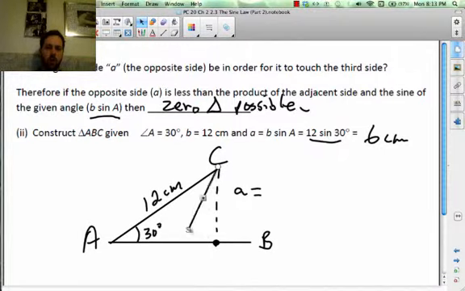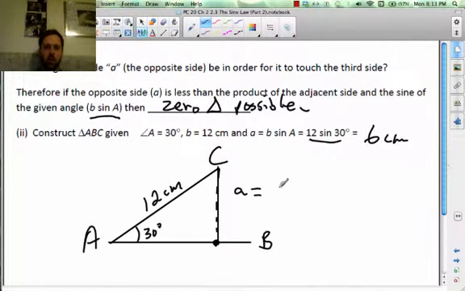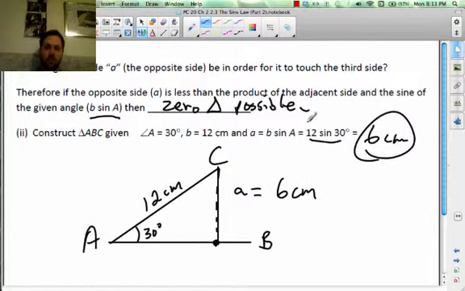But if we swung it out this way, it would be short. And if we swung it out this way, it would be short. So the only place it touches is right there. So there's only one possible triangle in this case, because this is the exact value of b sine A. So this gives us one triangle.